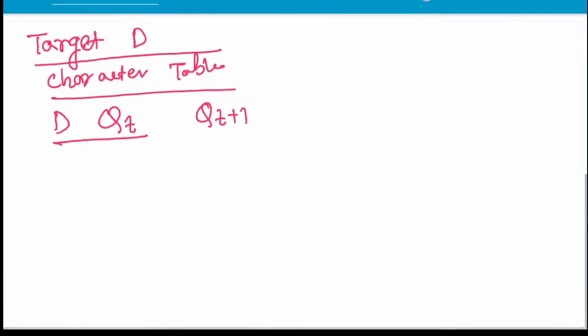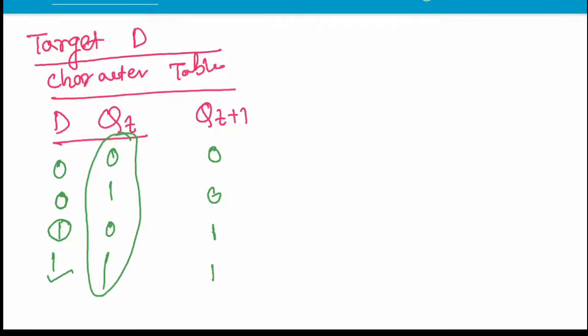It will be like this: 0 0 1 1, 0 1 0 1. For D value equal to 0, the answer will be 0. For D value equal to 1, this will be 1. It does not depend upon the initial value.